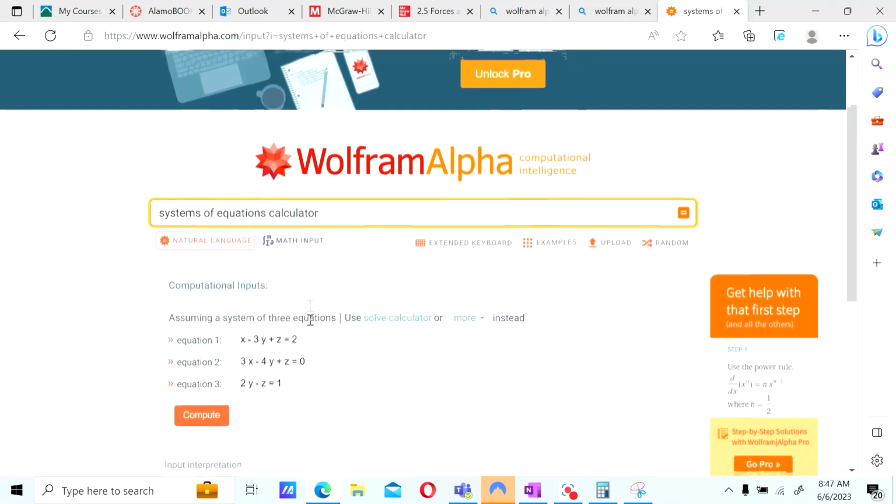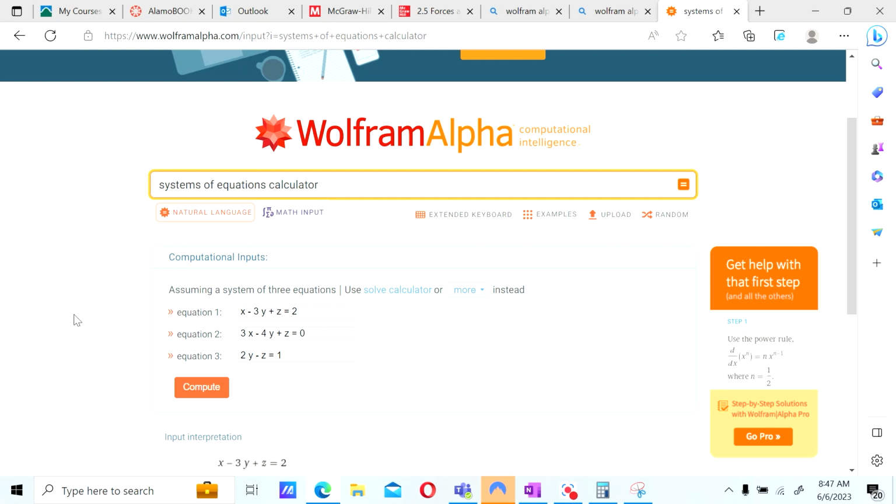All right. So here, what we need to do is set up the system of equations like so. We have three equations, three unknowns. The variables here to solve for are x, y, and z.